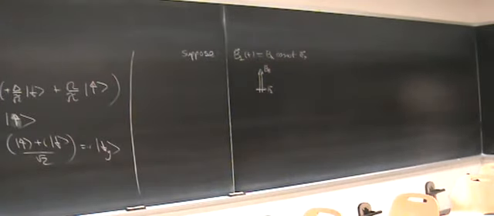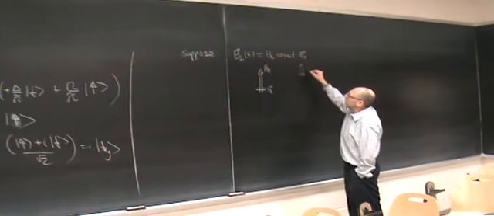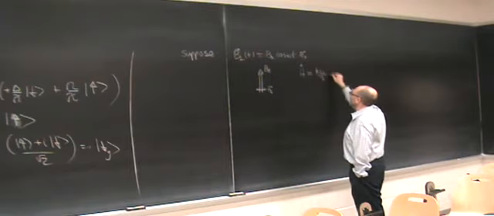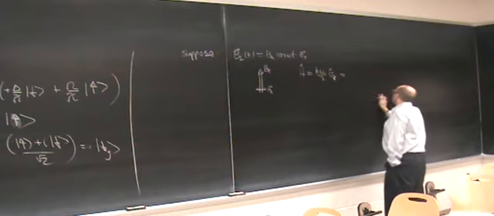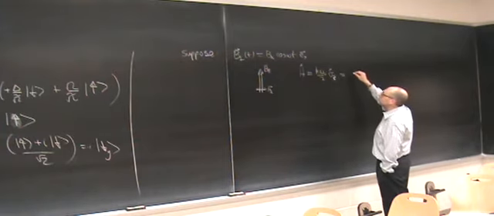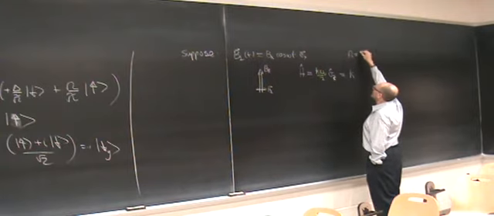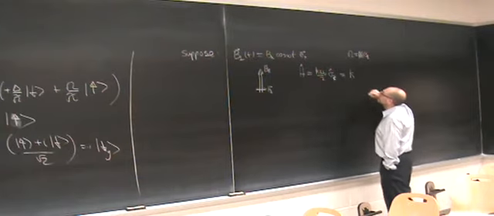It's not rotating. So the Hamiltonian, if I go back to what we had, will look like this. Let me call my Rabi frequency here the x.